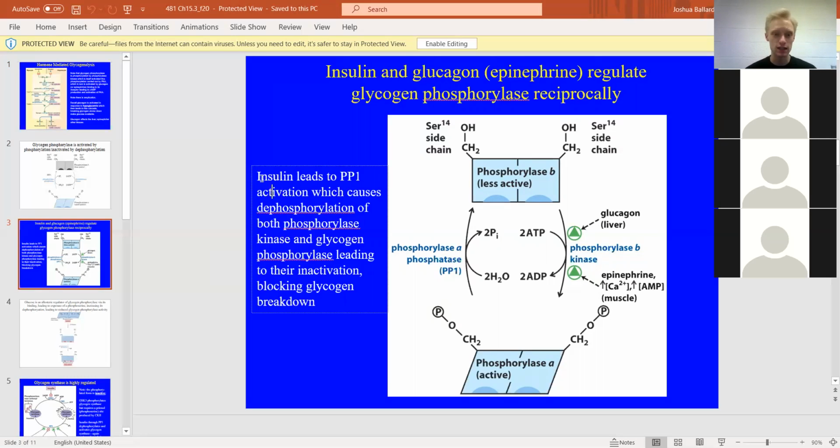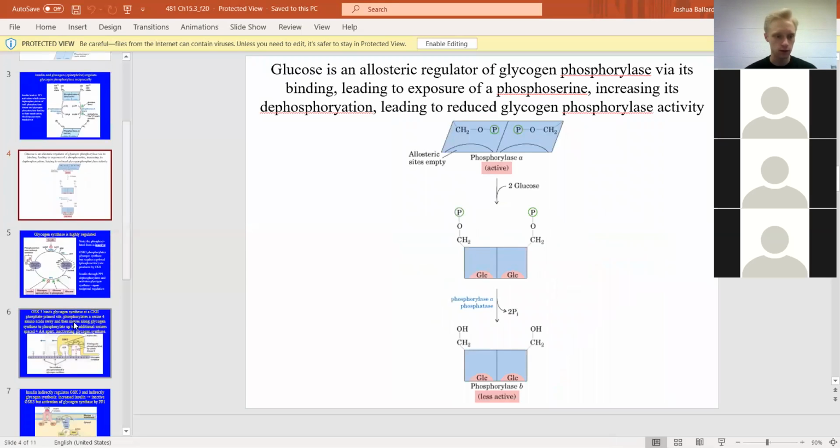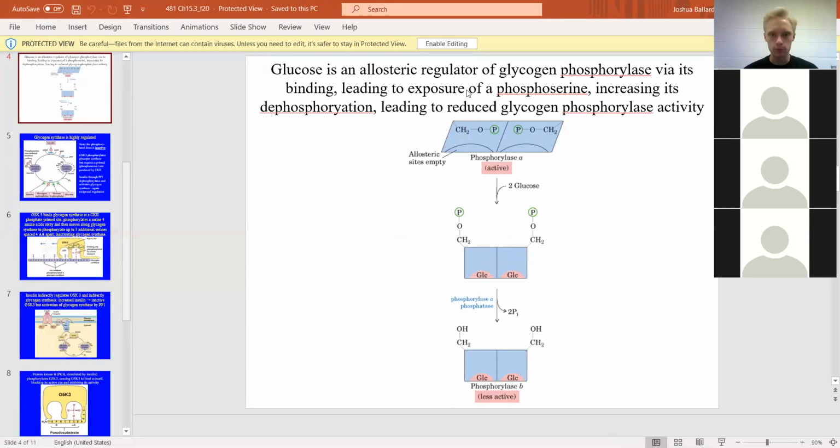Here's an example of what insulin does. Insulin leads to PP1 activation, and that causes the inactivation of those two enzymes. And then glucose is obviously a regulator of glycogen phosphorylase because it's a product of glycogen phosphorylase.